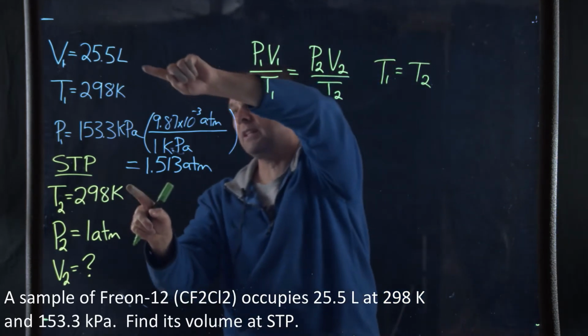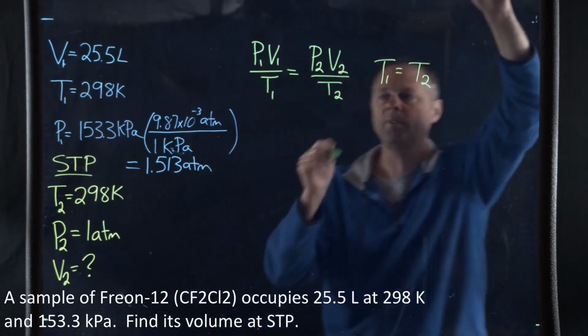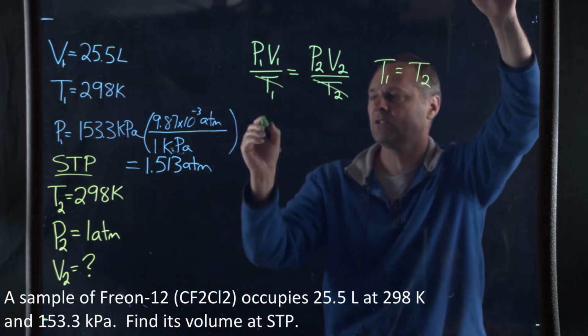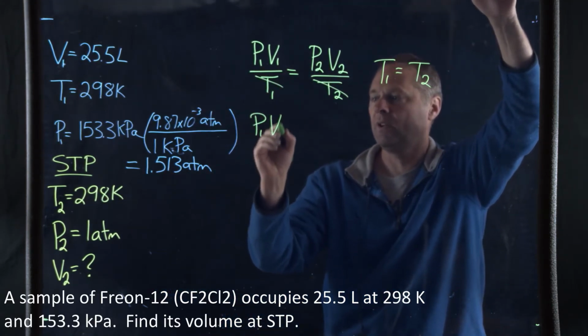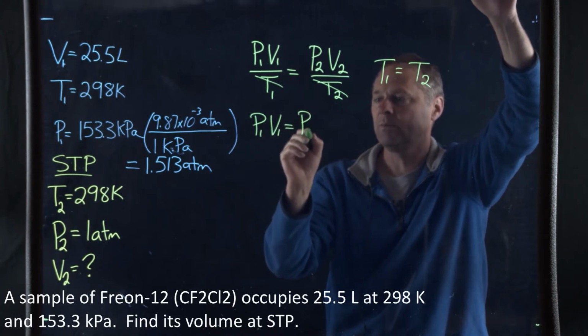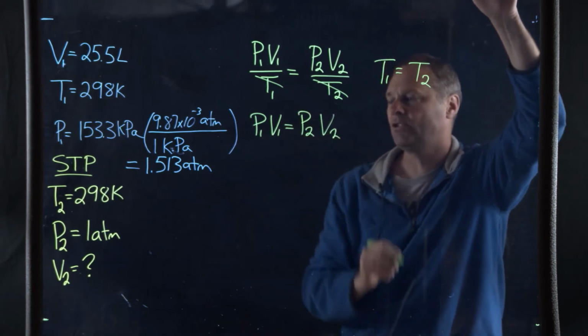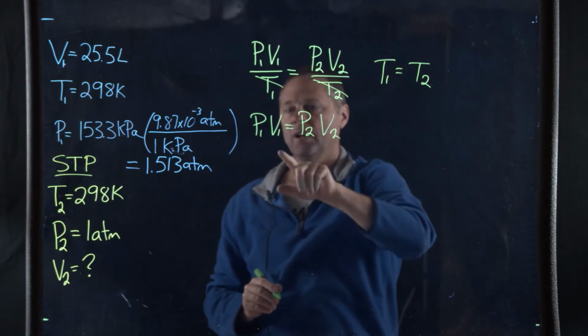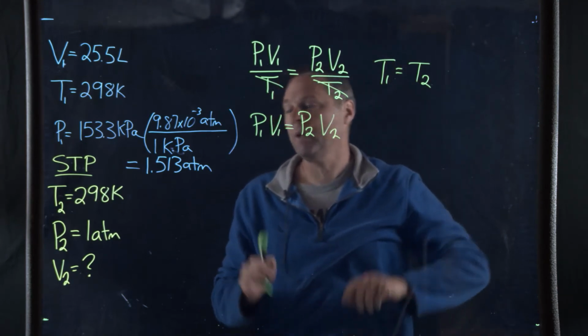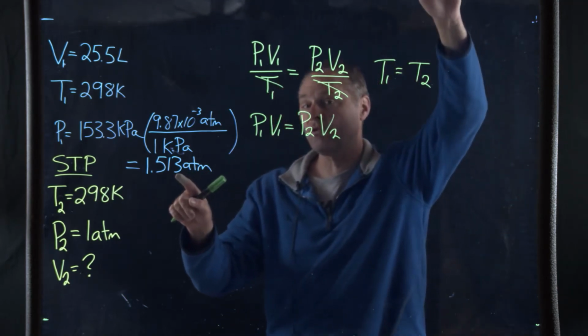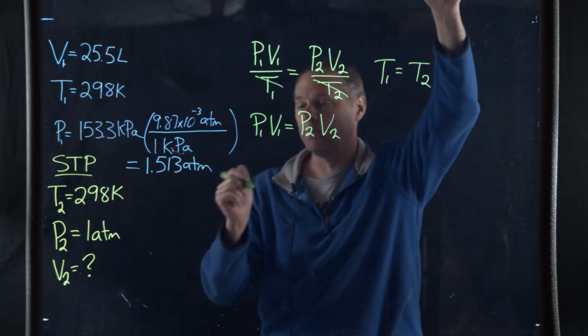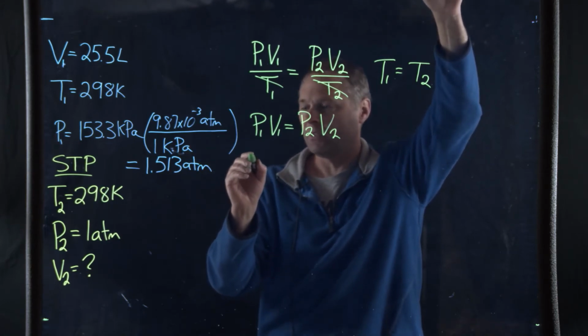So we know that we have the exact same temperatures. So our temperatures cancel. We end up with P1 V1 is equal to P2 V2. All right. So now we can start plugging in our information. Remember, we're going to put our pressure in atmospheres, not kilopascals.